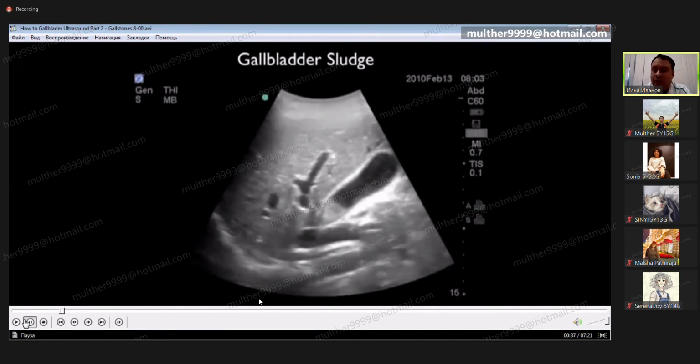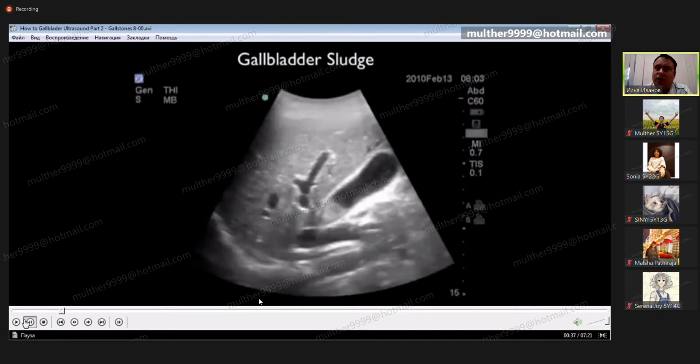And this 100 milliliters of the concentrated bile is a very important moment for the normal digestion of the food after the stomach. From the stomach, the food goes to the duodenum. And concentration of the bile is the real reason for development of the stones.